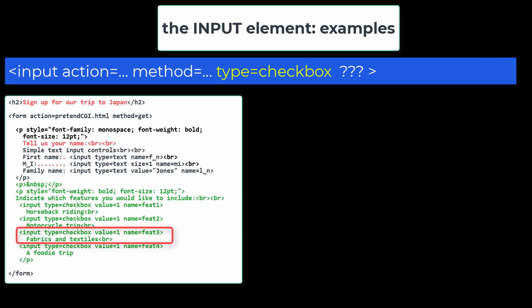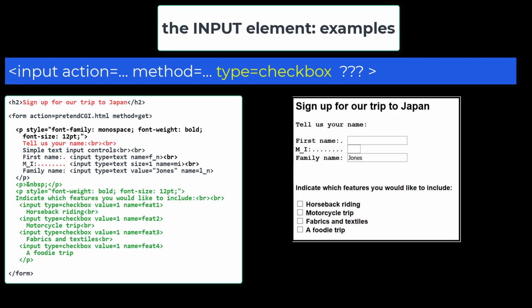Fabrics and textiles, new line. And input type equals checkbox, value equals 1, name equals feat4, a foodie trip. And then end of paragraph, end of form. And the resulting page displays like this. Notice how if we put the associated text, like horseback riding and so on, after the input element, at least for checkboxes, we don't need to worry about lining things up.